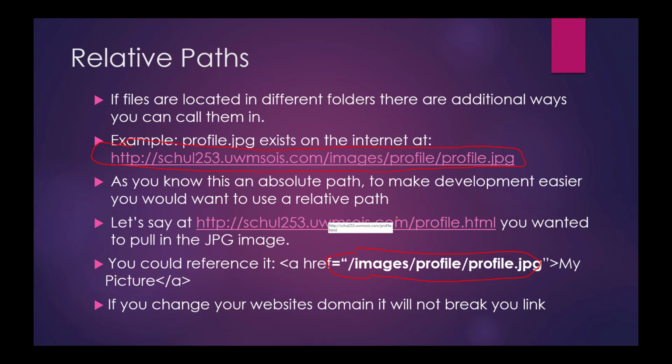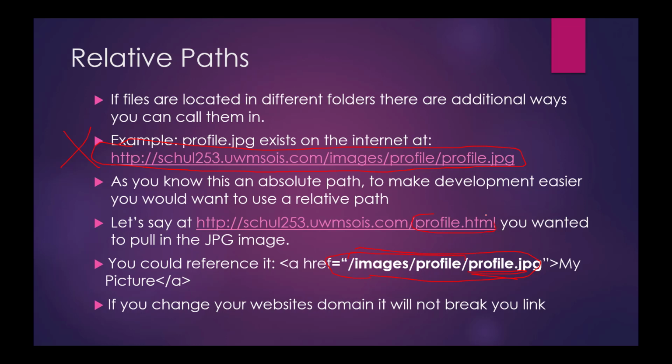To answer the question, this one would break, because we gave it an absolute path, so it's no longer going to find anything, because that's not where it is anymore. It's under shul 2000 or something different. Whereas this link will still work, because even though we might have moved the main website, relatively, the profile.jpg is the same relative path away from profile.html.